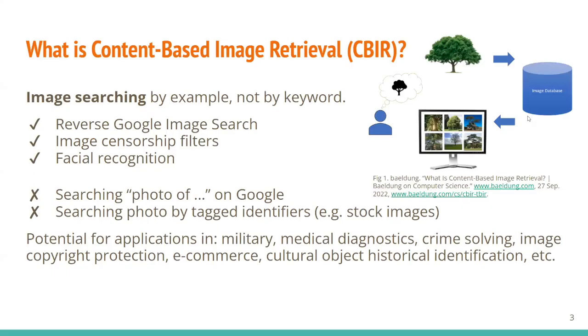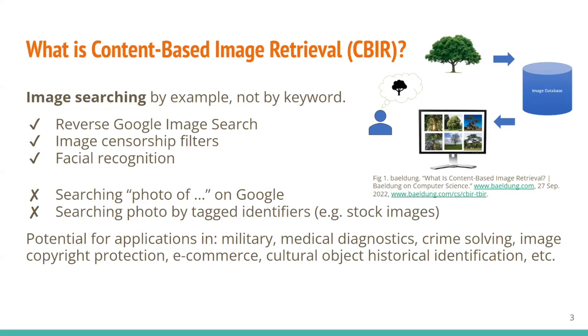Now, here's a simple overview of what CBIR does. Instead of searching for text or keywords, the system takes a query image. On the top right-hand corner, we have the tree as the example. It will look at things like color, texture, or shape, and capture all of these as a feature. Then the system will compare those features against the database of images.